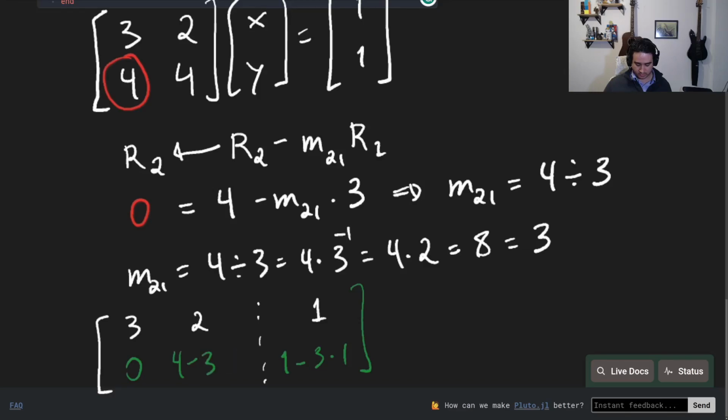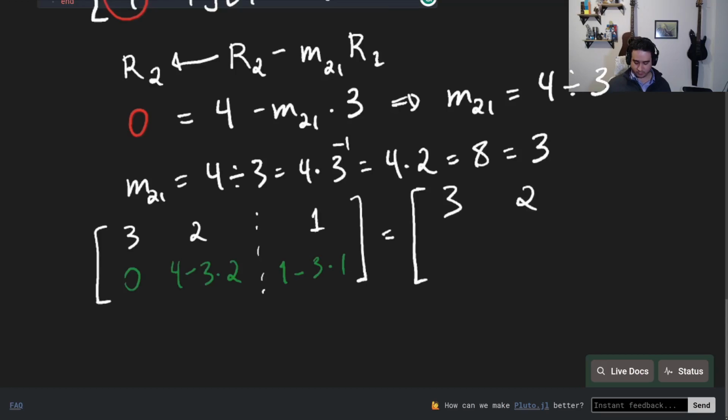Here for consistency I should say 3 times 2, but anyway. This becomes 3, 2, 1, 0, 3, 2, 1, 0, go! And 4 minus 3 times 2 is 6. 6 is actually 1. 4 minus 1 is 3. And 1 minus 2 is negative 1. And negative 1 is actually 4.